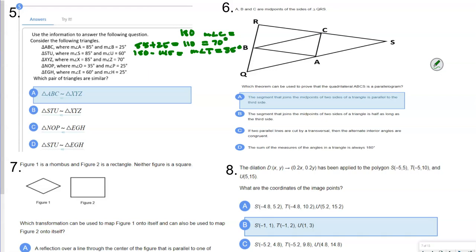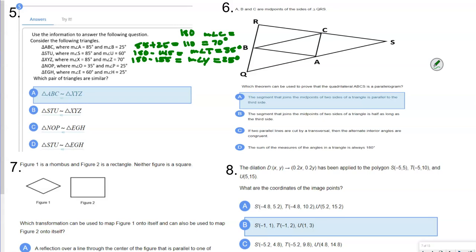And then our next one, 85 plus 70, that's going to be equal to 155. So we're going to do 180 minus 155, and that is 25. So this is X, Y, and Z. So this is going to be the measure of angle Y, and that's going to be 25 degrees.